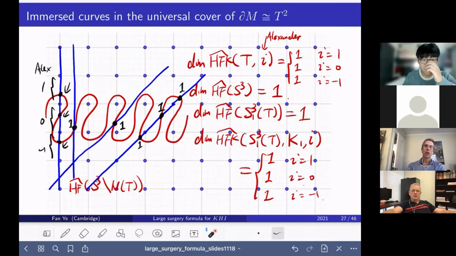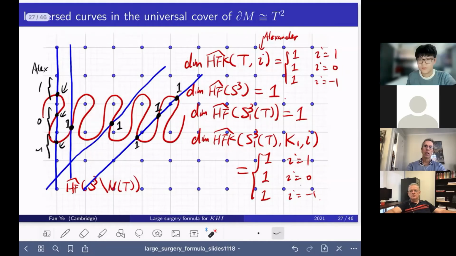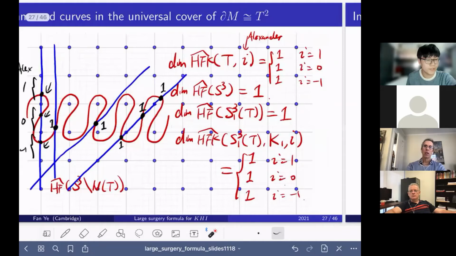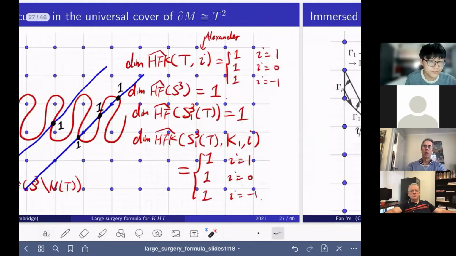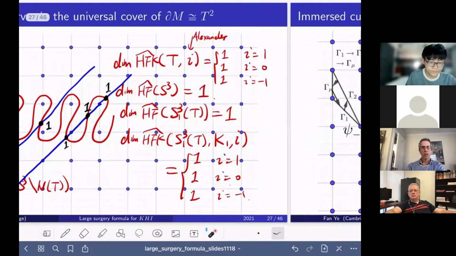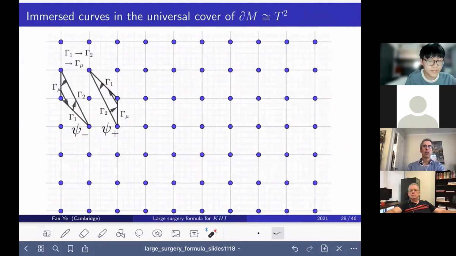And then let me use this picture to understand the exact triangles I mentioned before. So first, let's consider the bypass exact triangle. The bypass exact triangle is a triangle between gamma i minus 1, gamma n, and gamma mu. So here we just take gamma 1, gamma 2, and gamma mu.